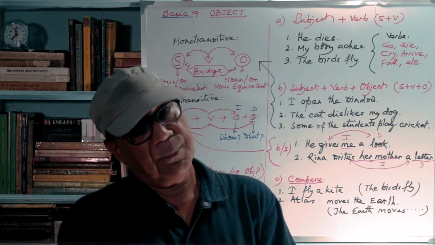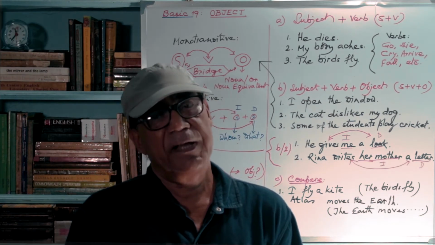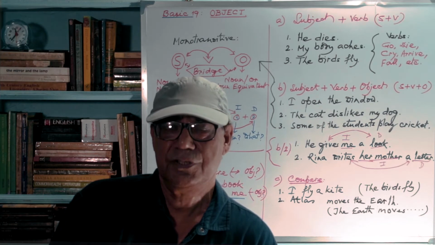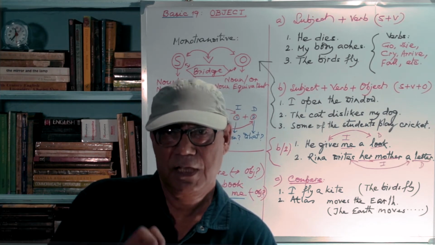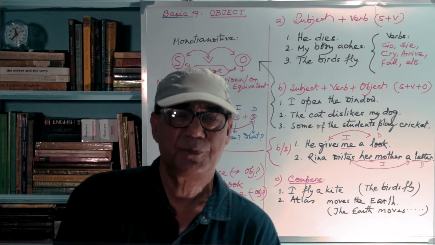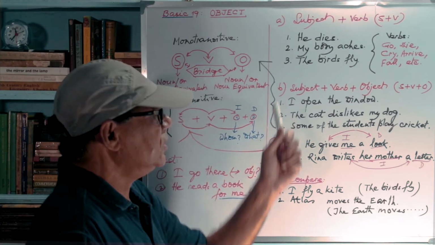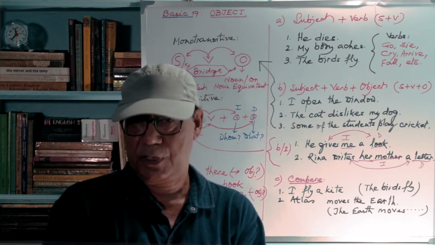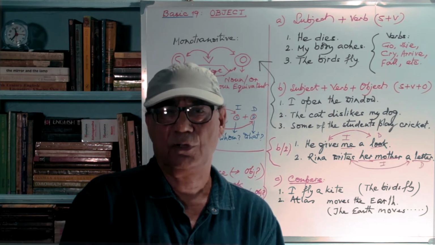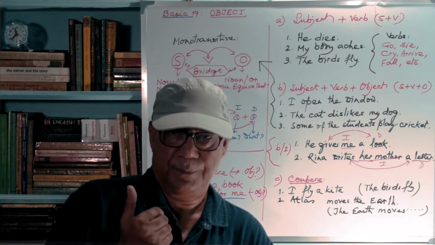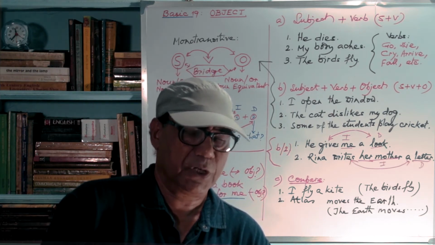Now, so far as object is concerned, we have to think about three types of verbs. One is intransitive, purely intransitive, they do not have objects at all. Therefore, you can be sure that there is no object.